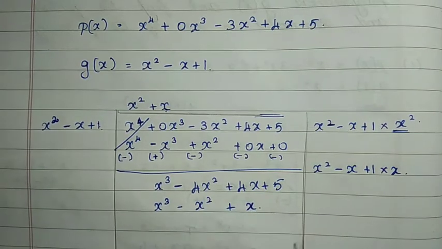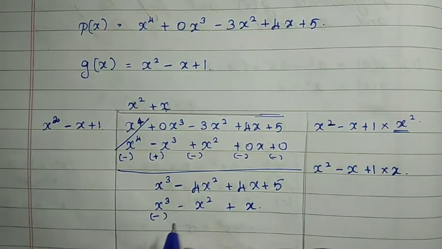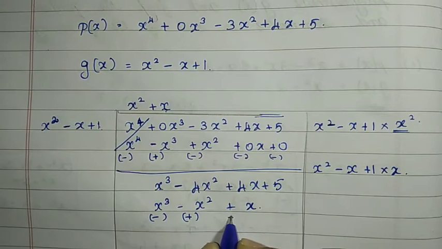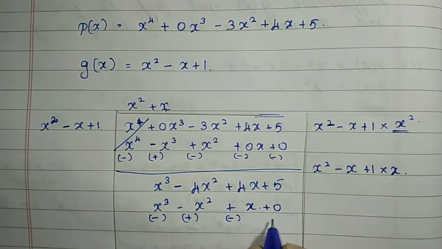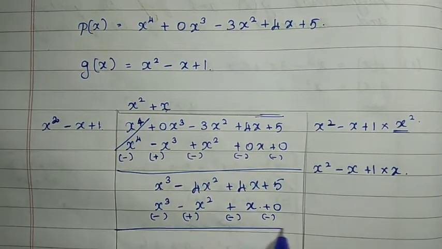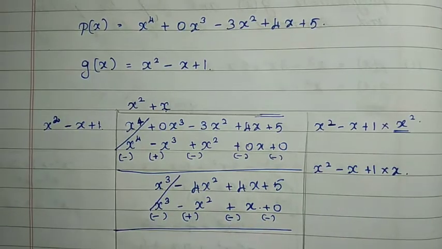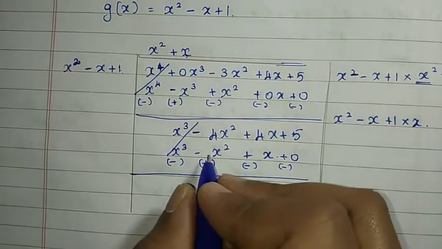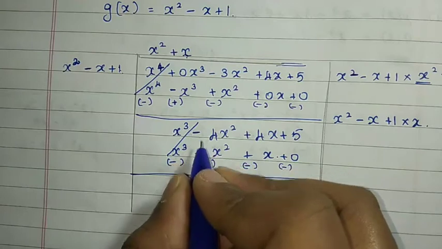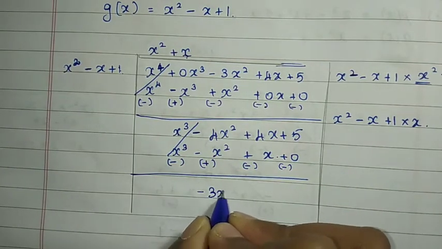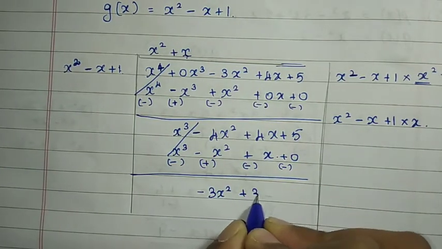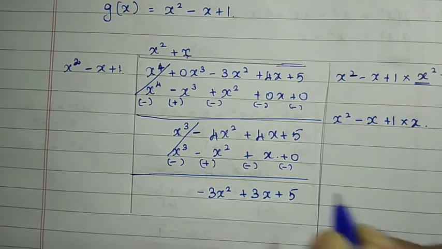So plus x, and I will be changing the sign. Plus minus plus 0. So this also I will cancel. Next in the remaining I will have minus 3x square plus 3x plus 5.